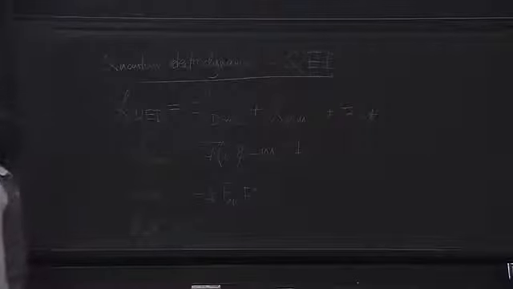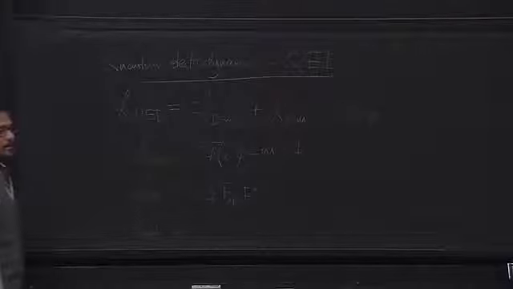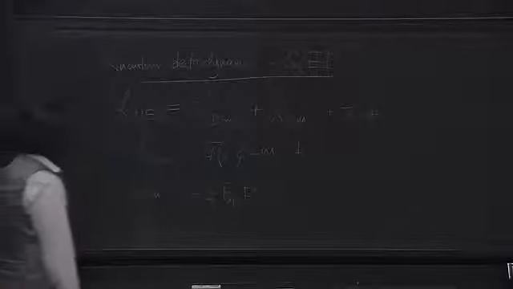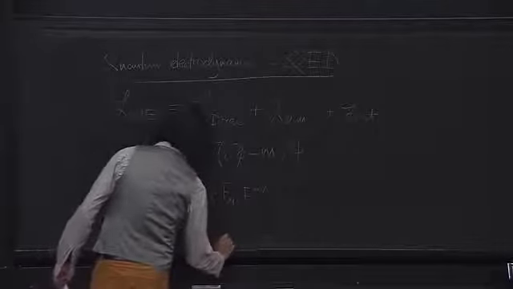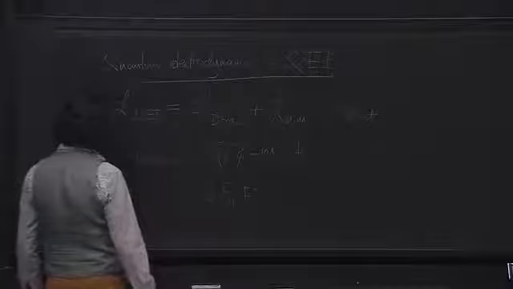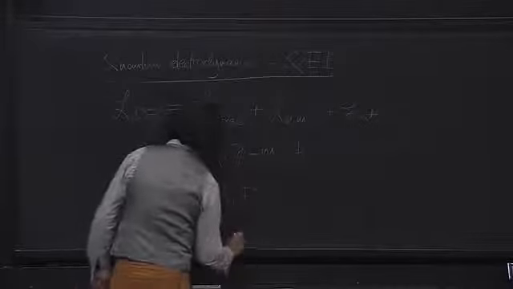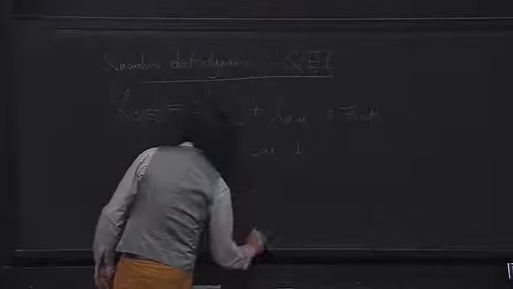Recall that yesterday we saw that an electromagnetic theory consistently couples to a current that is conserved. So we know of such a current, and that current for electrons and positrons is just this thing.